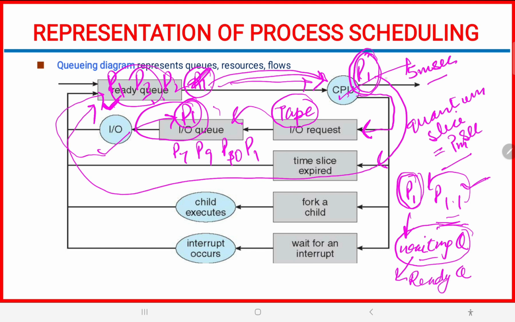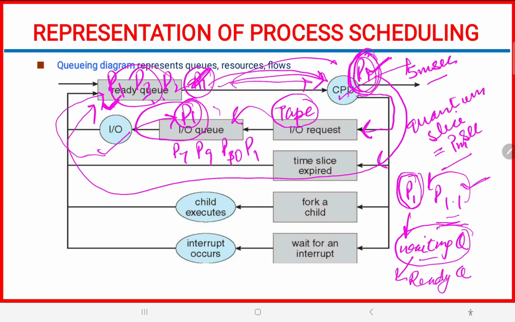The last possibility over here is that P1 was executing, but some other process comes into the system which has some higher priority as compared to P1. In that case, this P1 is interrupted, and due to this interrupt, P1 is required to leave the control of CPU so that the higher priority process can take the control of CPU now.